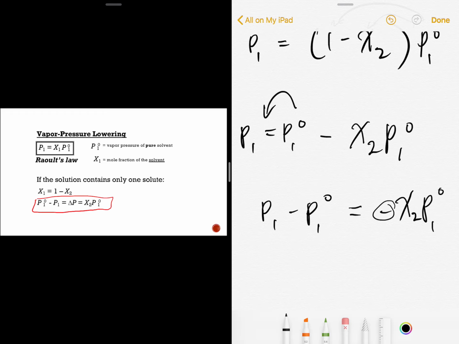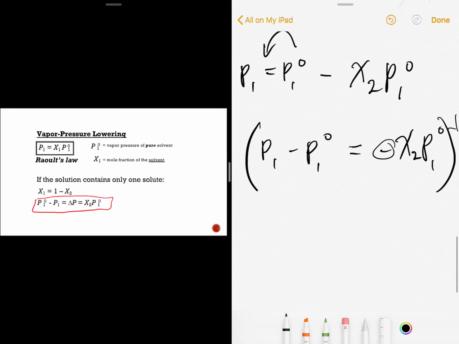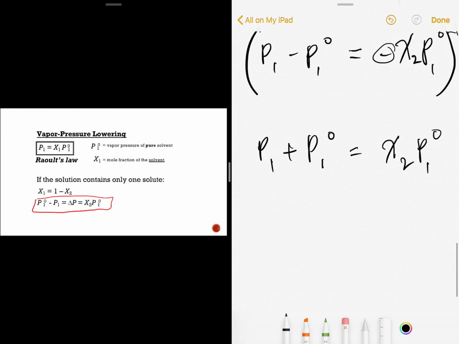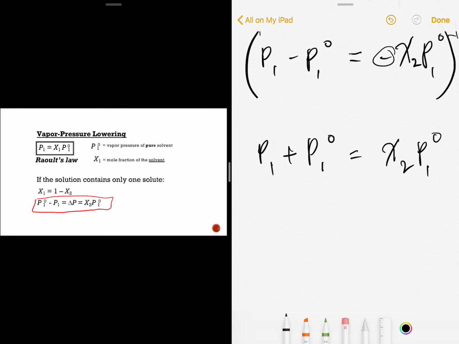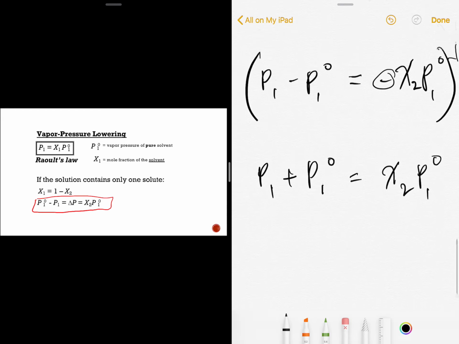So, it's now P1 minus P1 naught is equal to negative mole fraction ng solute P1 naught. And this term shouldn't be negative. So, you multiply both sides by negative 1. If you multiply this by negative 1, this becomes positive, kasi negative times negative, it's positive.